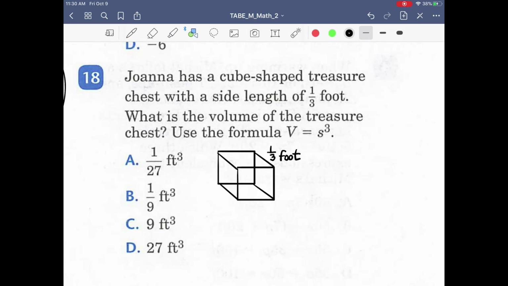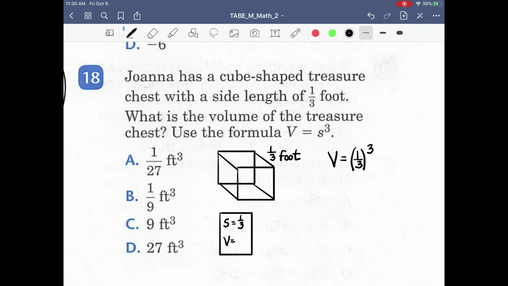I think that's a very good plan. So we have side is 1/3, and we are looking for the volume. So here's the formula. V volume equals 1/3 to the 3rd power.